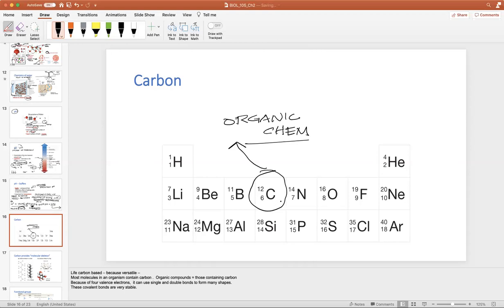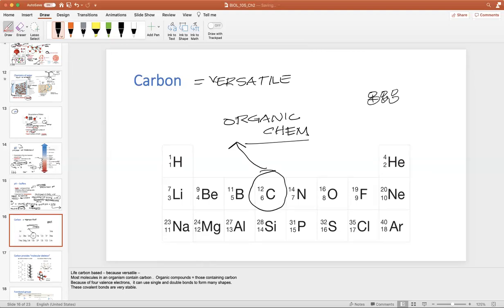Now, the thing that I want you to know about carbon is that it is versatile. When you see carbon, the reason that it is a big deal is that it is a versatile molecule. Why do I say that? Well, let's go back and draw out our little diagram. So we're going to have 6 protons, 1, 2, 3, 4, 5, 6.